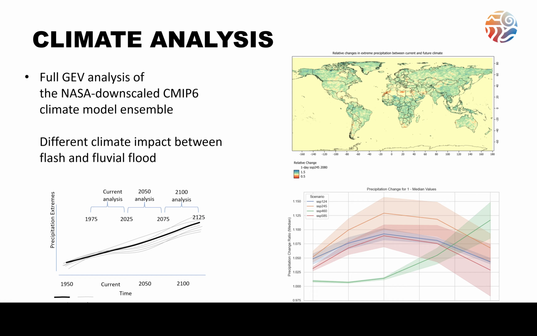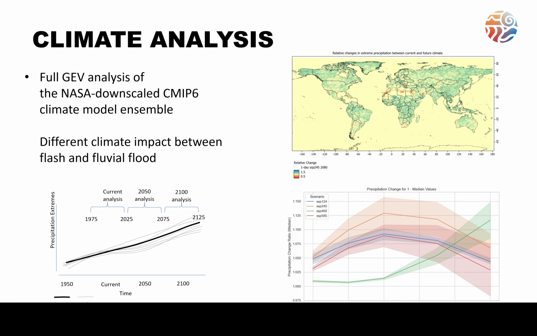This allows us to look at relative changes in extreme precipitation for different climate scenarios, different periods in the future, but also different types of events. So we get unique changes within the probabilities for shorter floods, longer floods, or maybe for lower or higher intensity. So we don't work with single ratios to go from current to future climate, but look at full PDF histogram transformations, as it were.